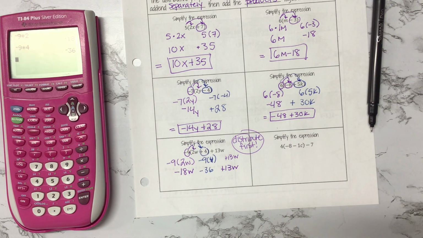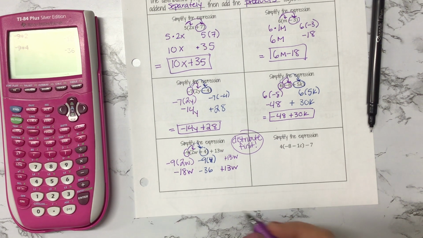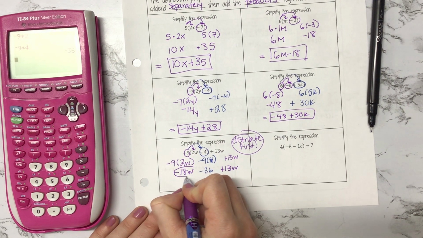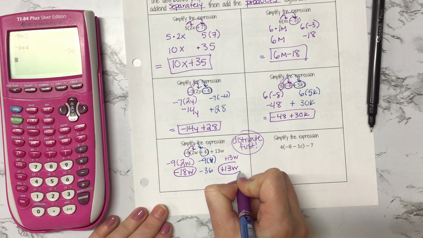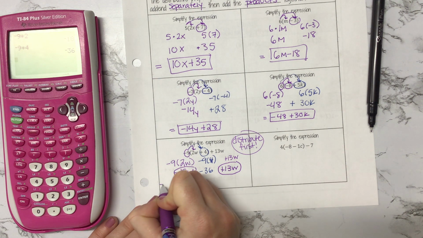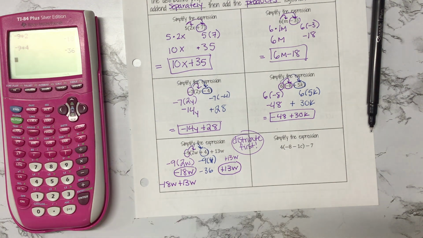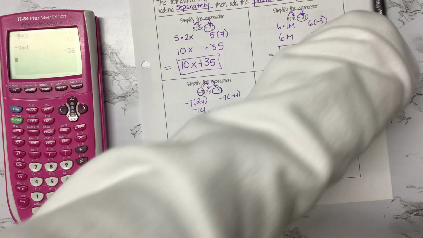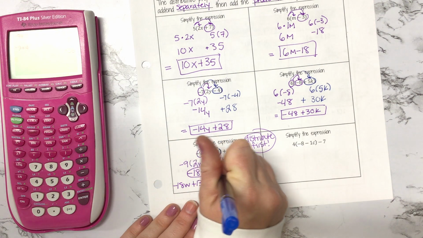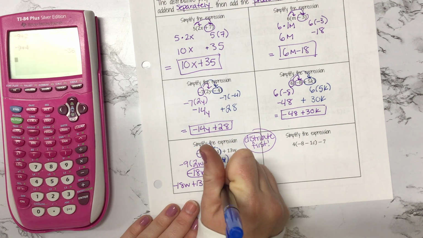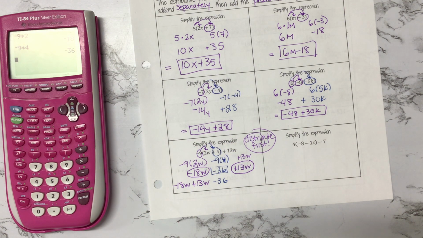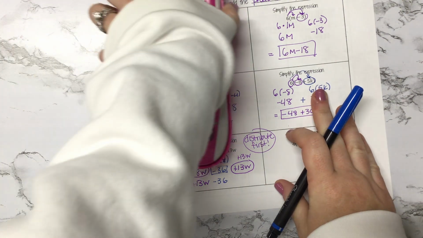So I'm done distributing. So now I can combine like terms. Minus 18w and plus 13w are like terms. So I'm going to group those together. And then minus 36 still has to be included, but it's not a like term.